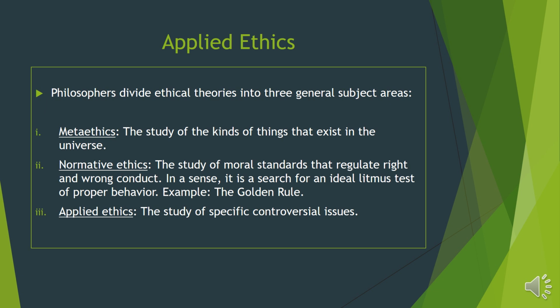The next level down is normative ethics, which takes a much more practical approach. Here, we are looking to arrive at a moral standard that we can use to regulate right and wrong conduct, and to have reasons for right and wrong behavior. This may involve articulating the good habits that we should acquire, the duties that we should follow, or the consequences of our behaviors on others.